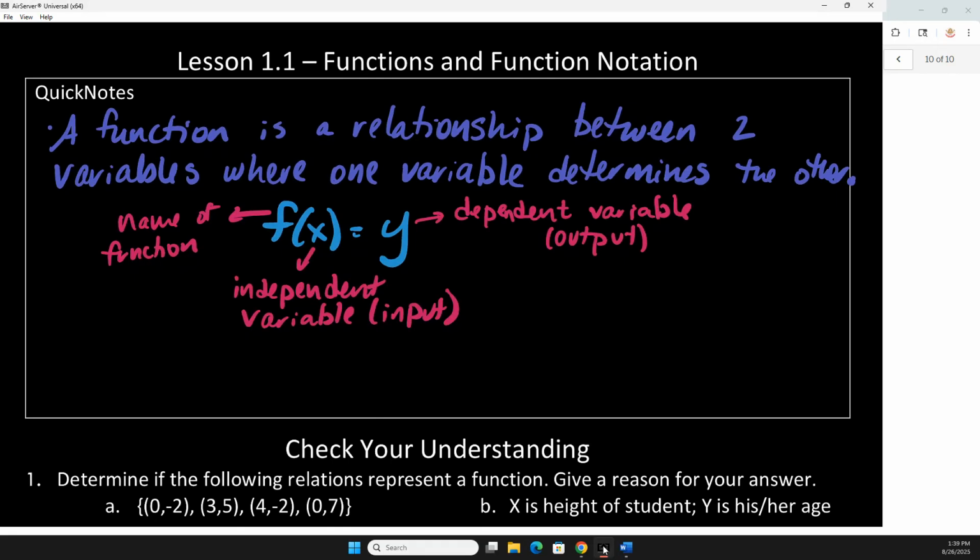Alright, so there are a ton of relations that are not functions. So a function is a special type of relationship. So for a function, each input can have only one output.